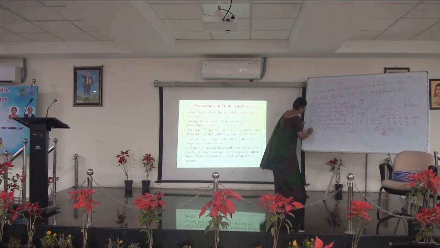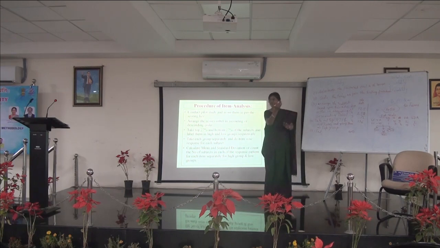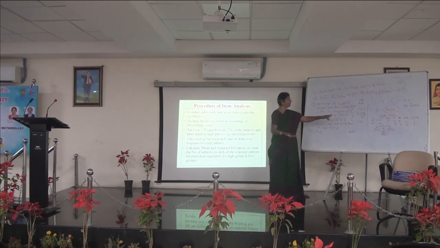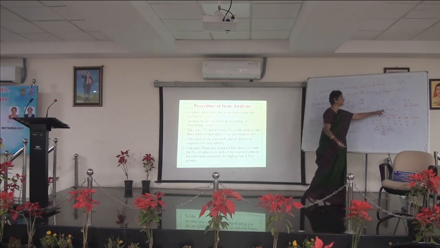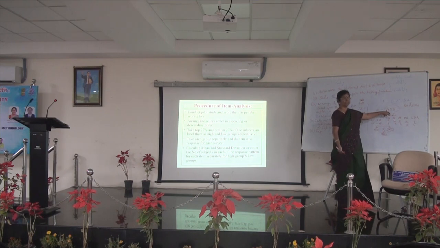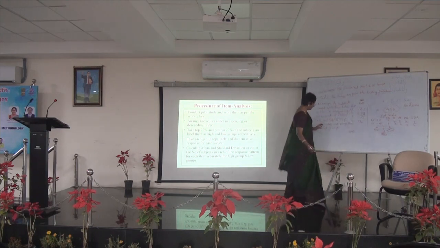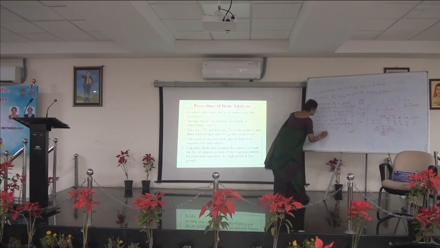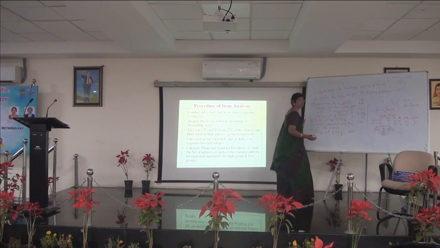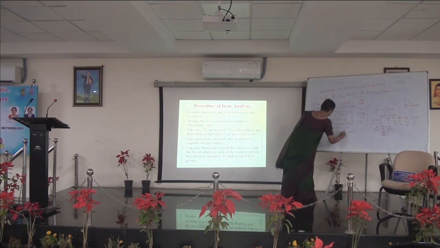Similarly, take out from bottom. From bottom, you have to take out how many? 27%. Out of 400, what will be the number for 27? 400 into 27 by 100. Now calculators are there. 108, ma'am.